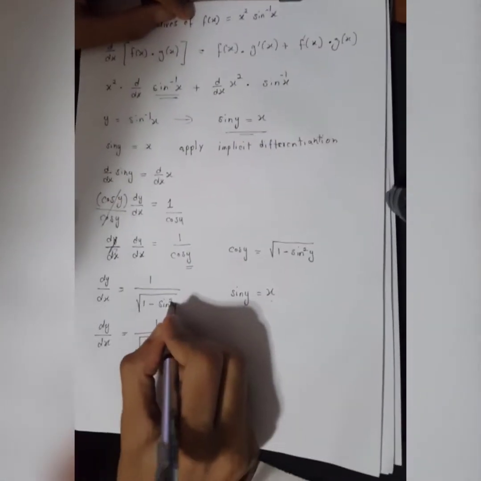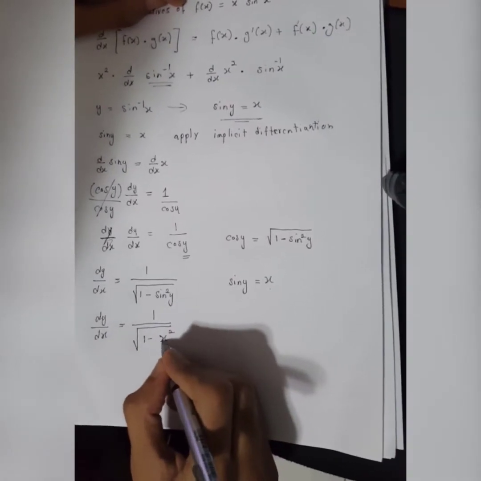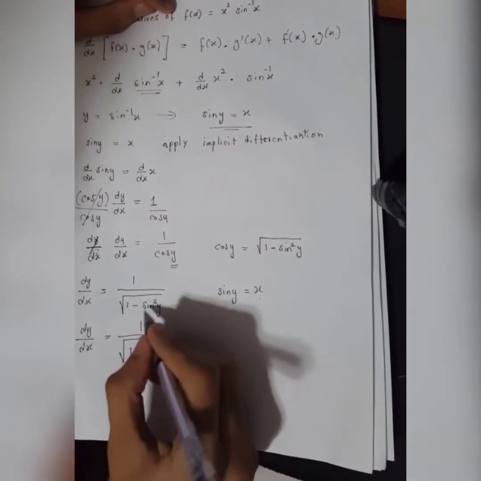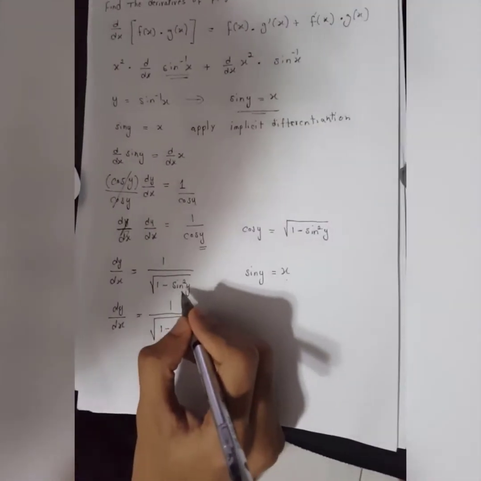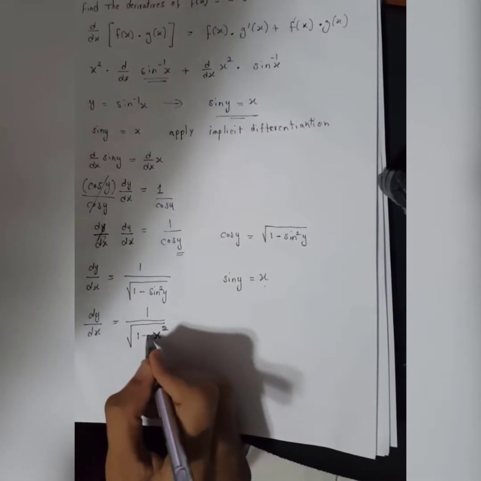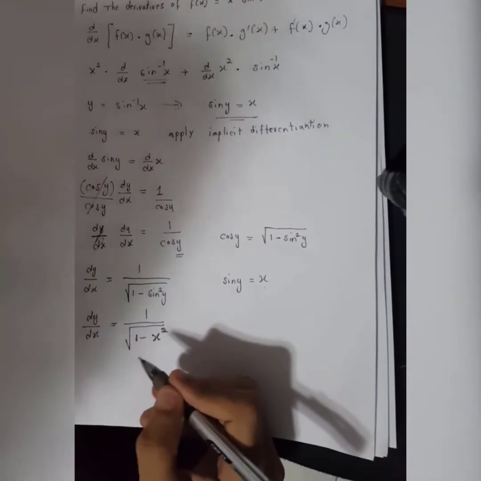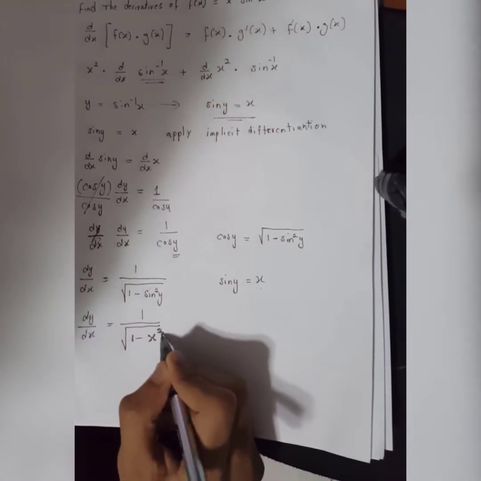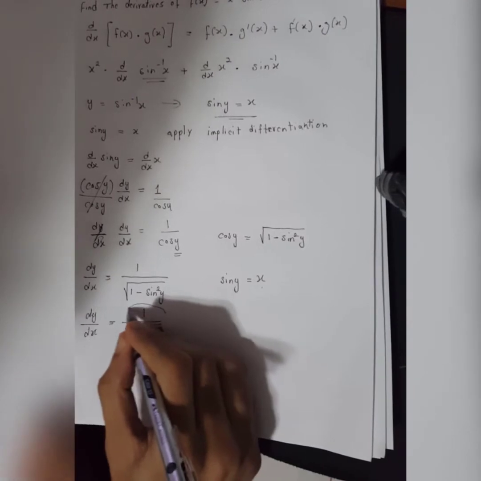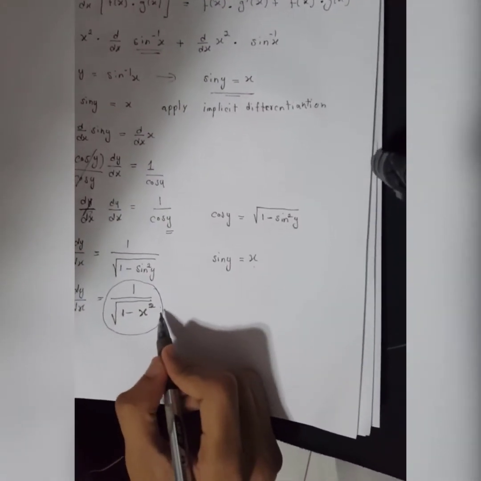Since we have a square over here, when we change the sine y to x, we write x and put the square above it, because we have sine squared y. So the final answer will be 1 over the root of 1 minus x squared, and this is the derivative of inverse sine x.